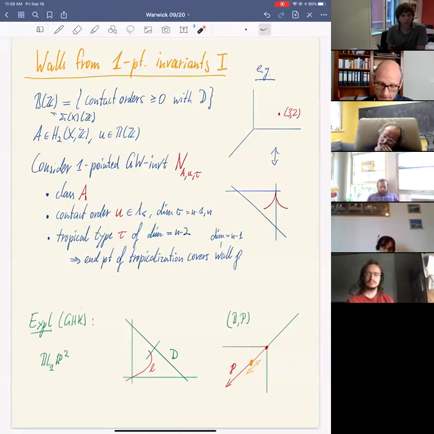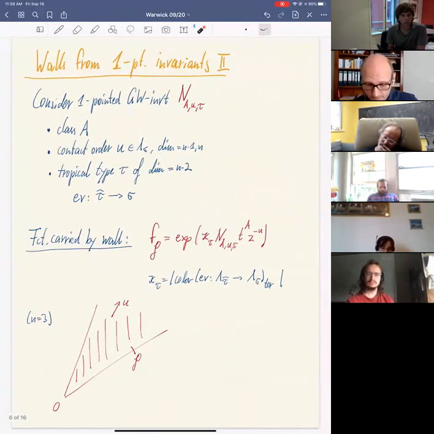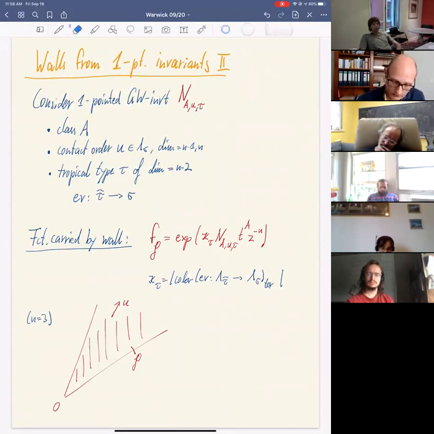In general, you get a codimension one thing. Okay, so I'm trying to draw a three-dimensional picture here. In this case, you have something that I cannot draw very well.